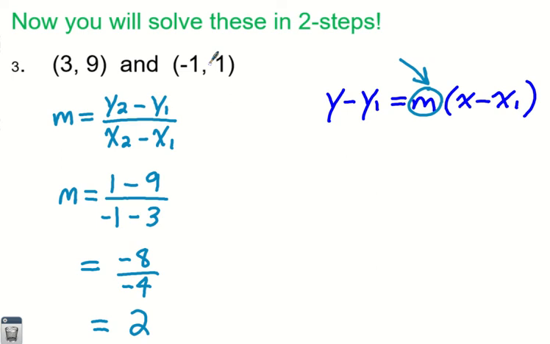But why don't we just use the x and the y that we literally just got done calling x1 and y1. So I'm going to use this and this again because we just got done labeling that x1 and y1.